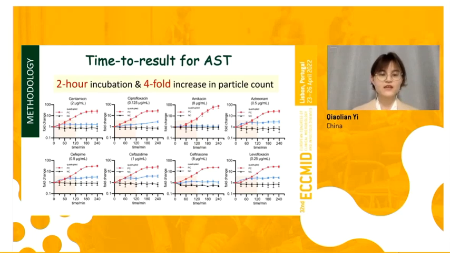And the effects on bacteria can be differentiated by comparing the particle count within 2 hours. This proves that our system is feasible to define the 4-fold increase as the threshold and is not affected by types of antimicrobials. Overall, 2-hour incubation is enough.